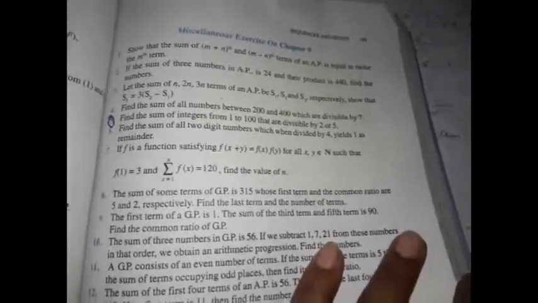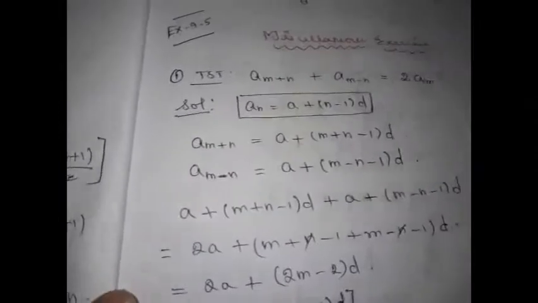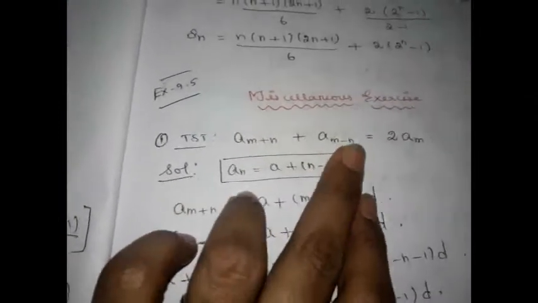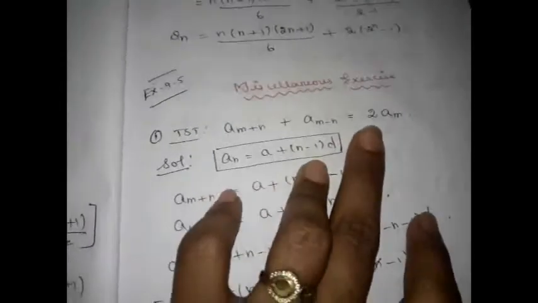So let us move on to our first question. Show that the sum of m plus nth and m minus nth terms of an AP is equal to twice the mth term. So what is given? a(m+n) plus a(m-n) equals 2 times a(m).